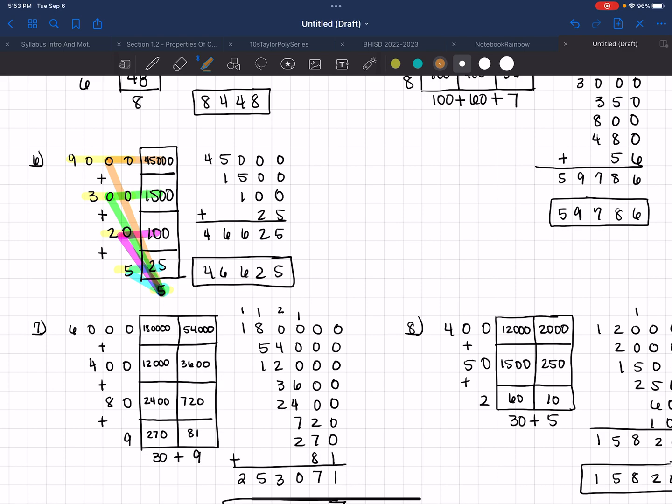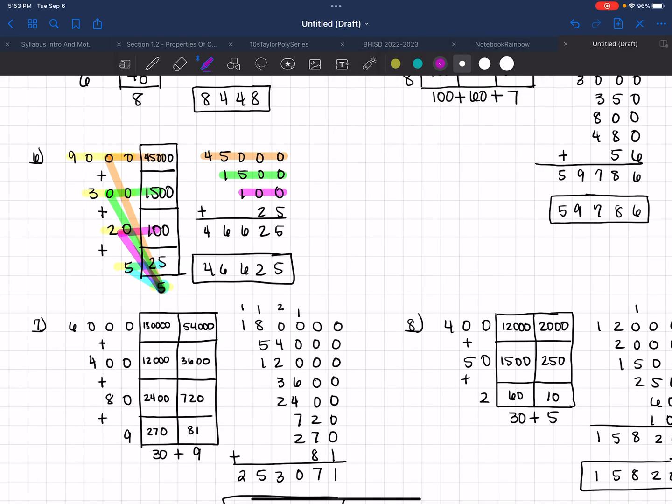Then I'm going to take each one of those. There's my 45,000. Then there's my 1,500. Then I have my pink. There's my 100. And then I have my 25.